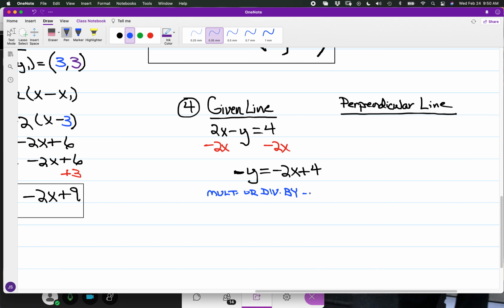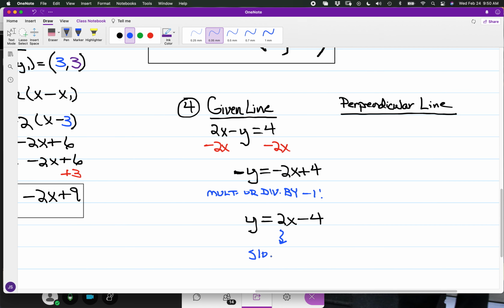So then we have a complete sign change among the terms. -y becomes y, -2x becomes positive 2x, and 4 becomes -4. So we have translated the given line equation to its slope-intercept equivalent.